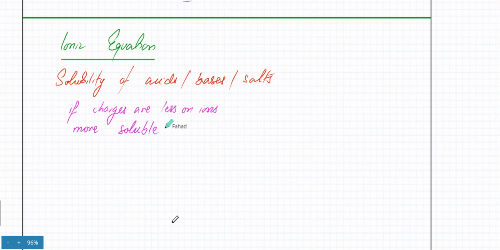As if charges are less, for example, NaCl is very soluble. तो हमने पहले पढ़ा था कि NaCl, Na positive and Cl -1. This is the ionic lattice. Let's think of this as a tiny crystal of NaCl.